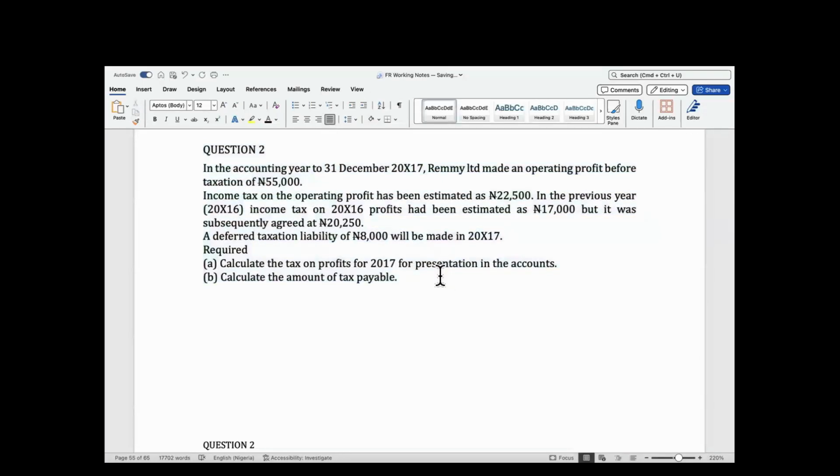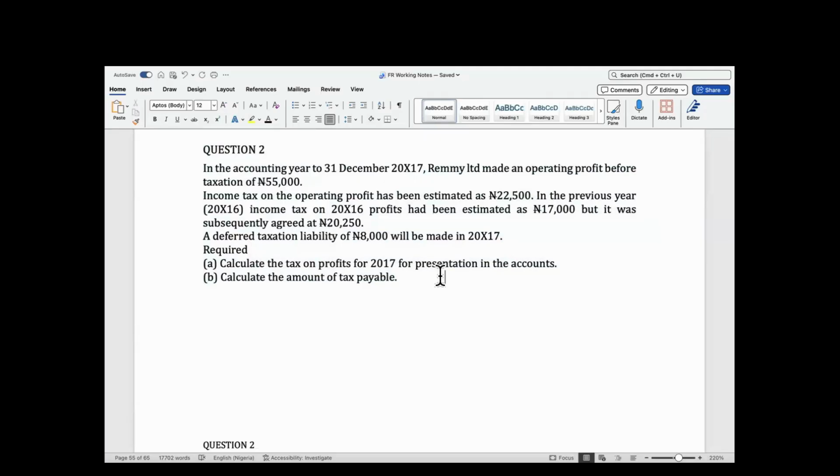Question 2. In the accounting year to 31st December 2017, Remi Limited made an operating profit before taxation of 55,000. Income tax on the operating profit has been estimated as 22,500.